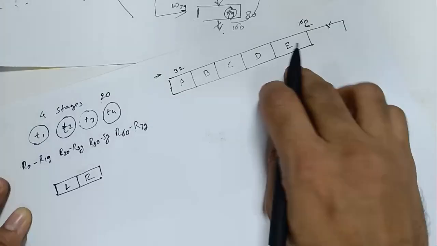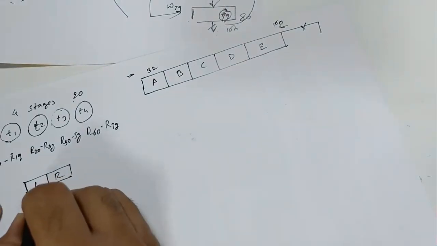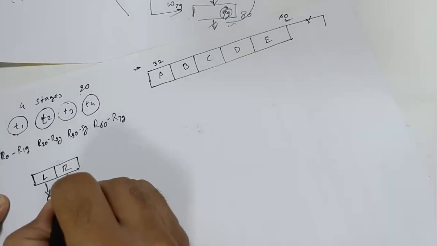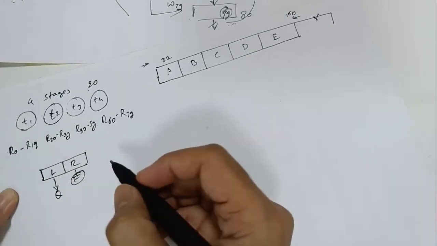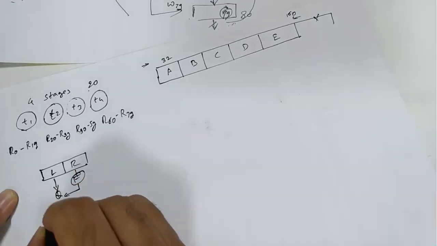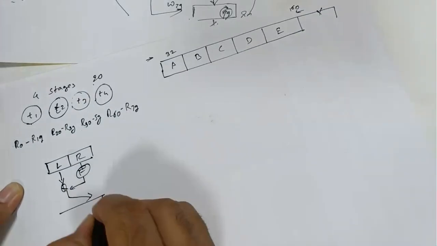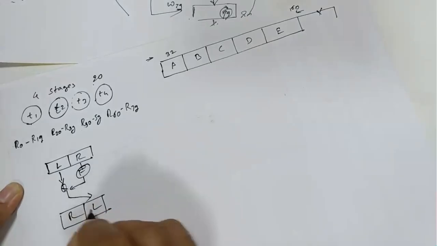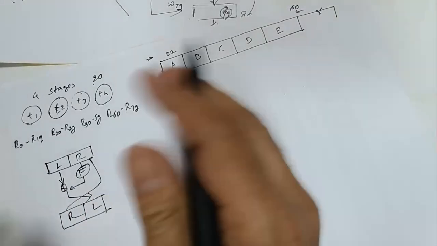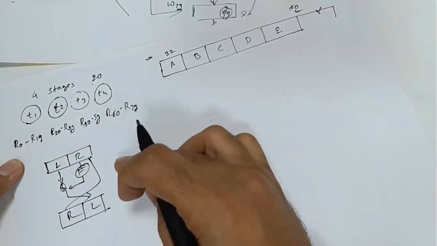In the Feistel function, you apply some function on the right-hand part. Whatever the output is, you XOR it with the left part, and then you switch. So left part goes on the right and right part goes on the left. This is what happens in the Feistel function, the basic DES algorithm.